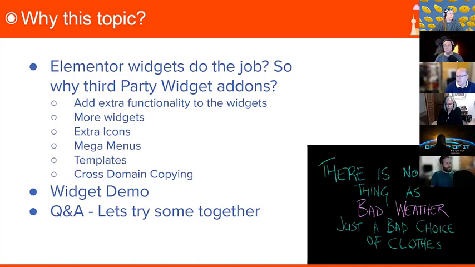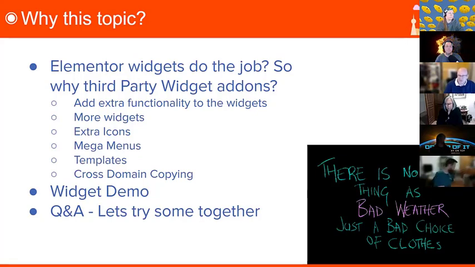Somebody mentioned tips and tricks and seeing what else there is. Well, hopefully this is what can answer you. In general, what these widgets do is give you some extra functionality to the standard widgets. I'm not talking about general plugins such as forms and all sorts of thousands of other plugins. I'm specifically talking about the widgets that Elementor has.